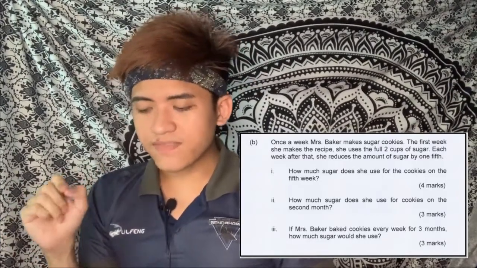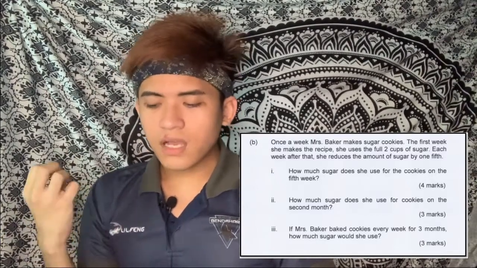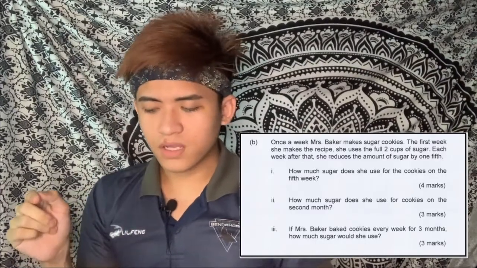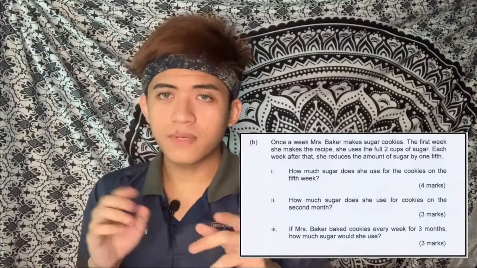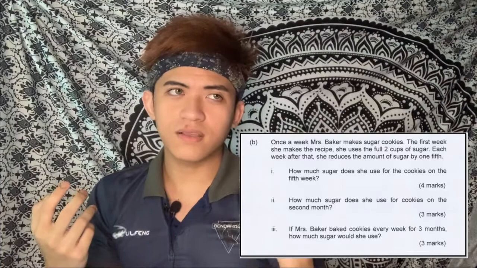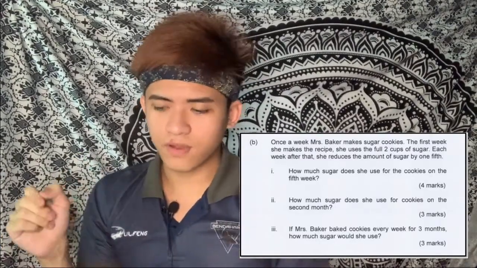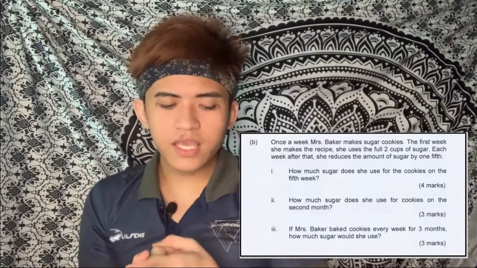And lastly, if Mrs. Baker bakes cookies every week for 3 months, how much sugar would she use? She wants to know the total amount of sugar she uses within 3 months. 1 month is 4 weeks, times 3 equals 12. So S12. First things first, we have to find A and R.